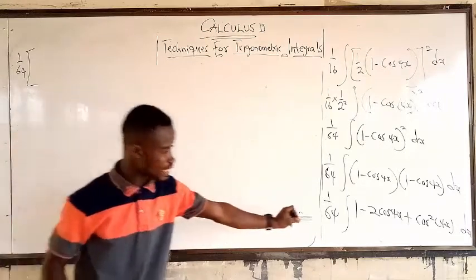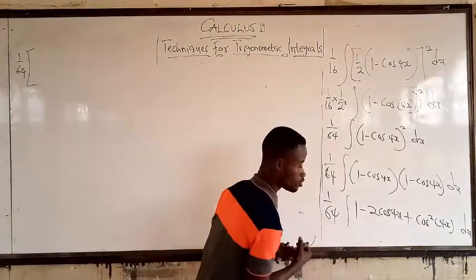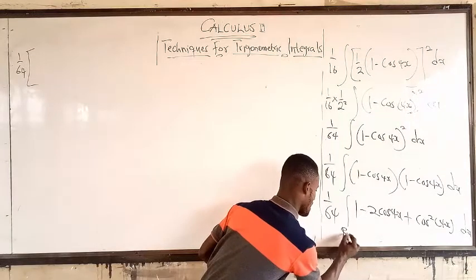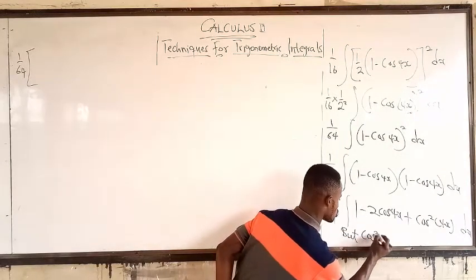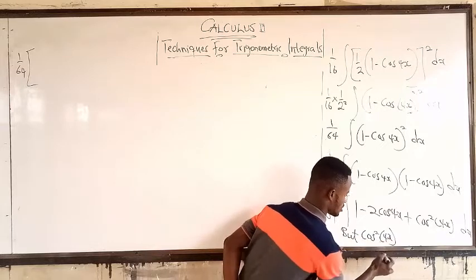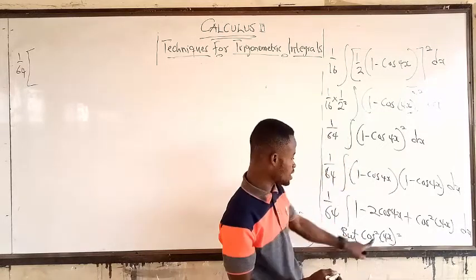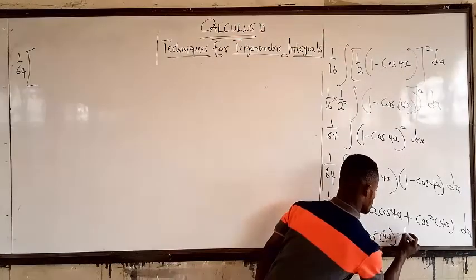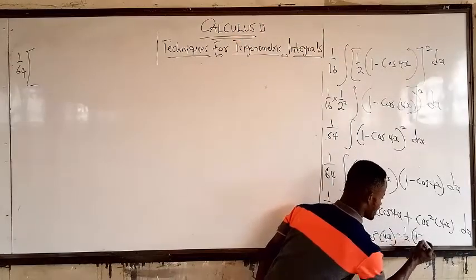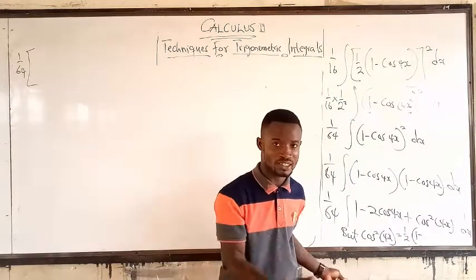So with that part, cos squared 4x is going to be equal to, since it's even, the half angle: half of 1 minus... I hope you can see from there.